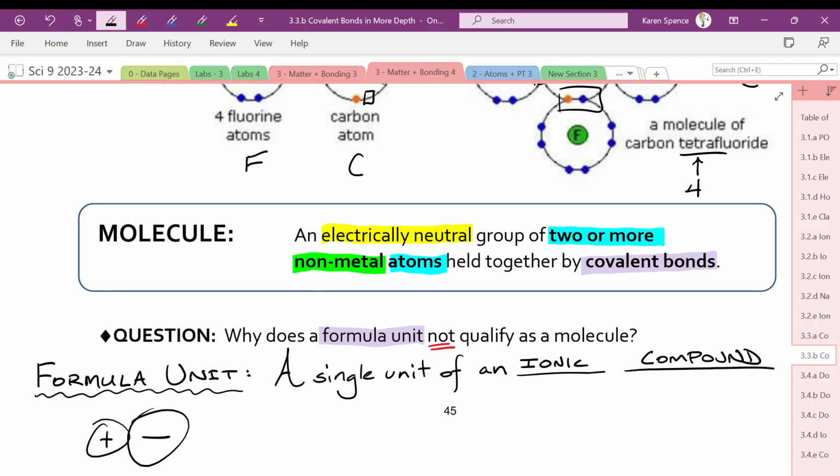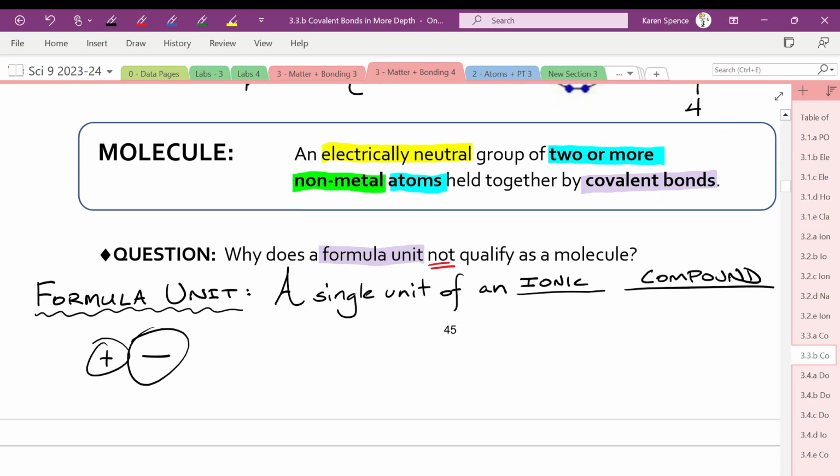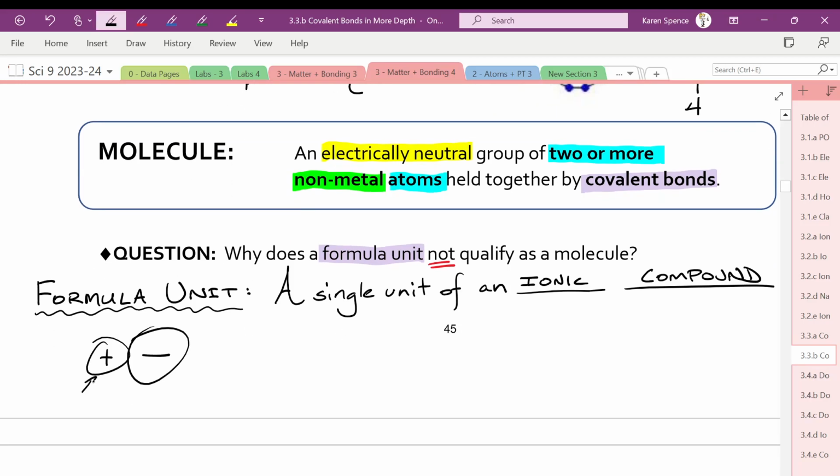Cool. Okay, so it's a single unit of an ionic compound. It looks like that. Why does a formula unit then not qualify? Oh, by the way, what type of element is this positive one? That's a metal. And what kind of element is this negative one? Non-metal.